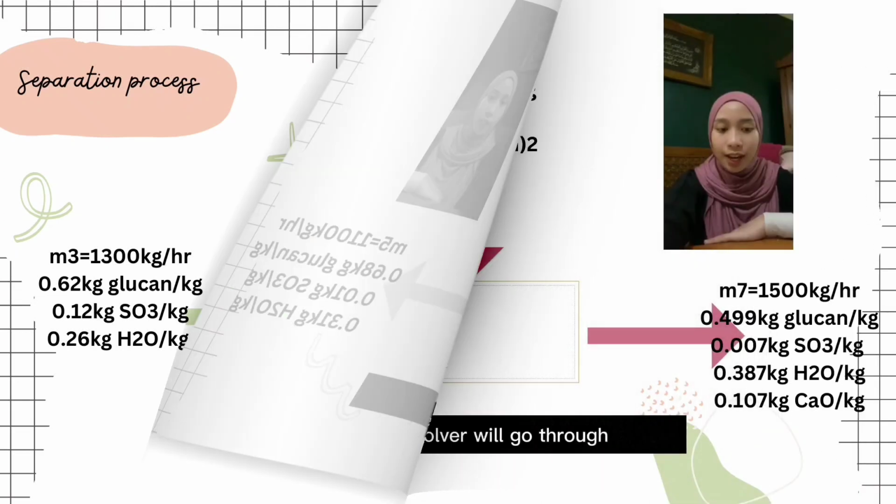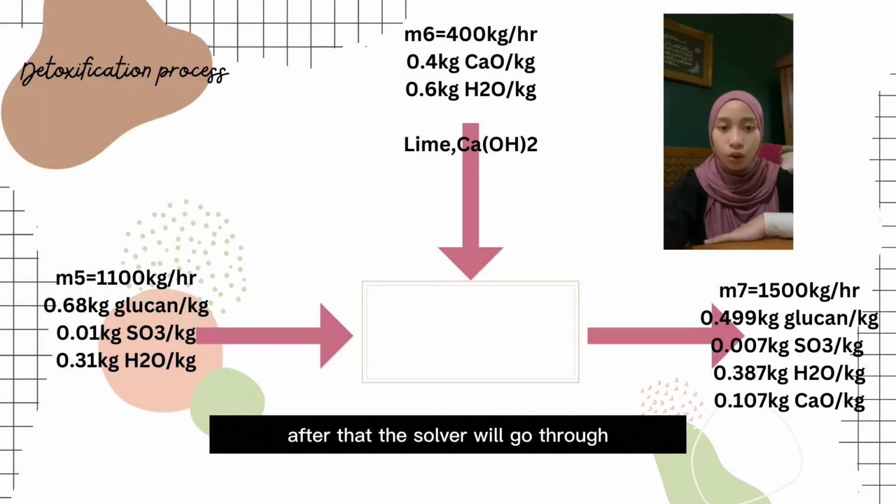After that, the solvent will go through the detoxification process, which is good for improving bioethanol yield during the fermentation process. Lime, Ca(OH)2, was added to complete the process.